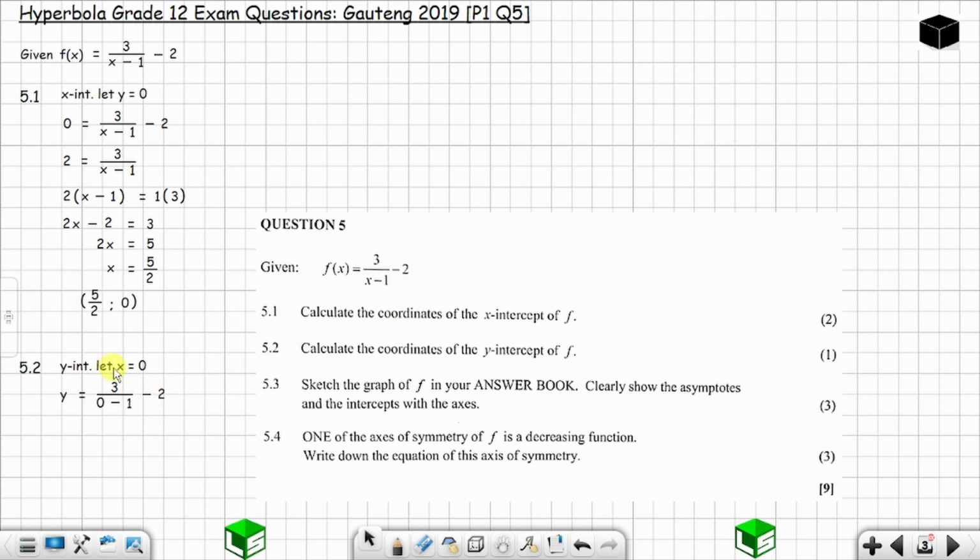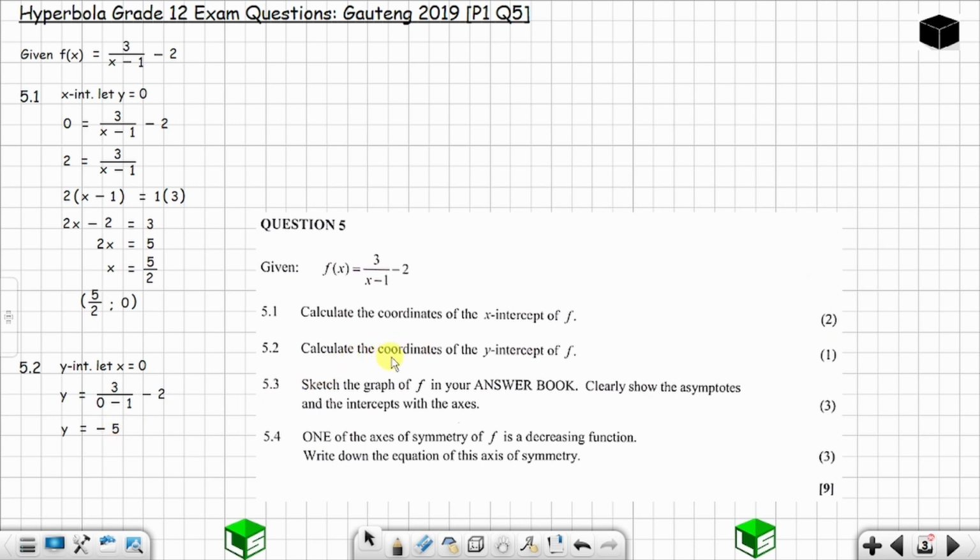You let x equal to 0 to get the y-intercept. Now you carry on. Y is equal to 3 over negative 1. This is negative 3. And then minus 2. So negative 3 minus 2. This is negative 5. So you have the y-intercept at negative 5. Remember you have to write it in coordinate form.